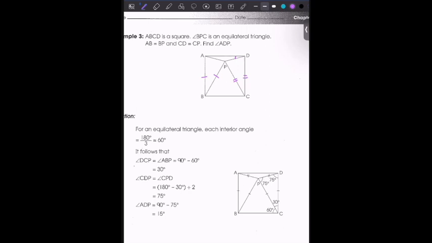And instead of using two different ticks, we're going to use the same tick, because we know that BP is equal to PC because it's an equilateral triangle. And so that would essentially mean that AB, BP, PC, and DC are all equal. And again, we're just going to write the 60-degree angles for the equilateral triangle.